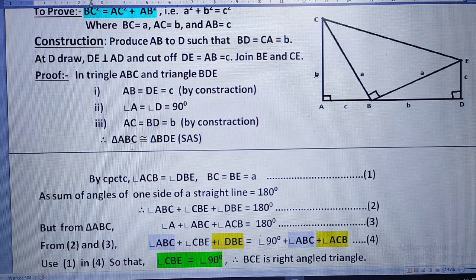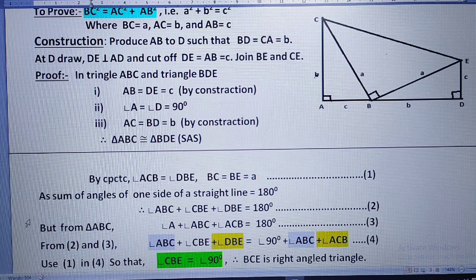So as triangle ABC is congruent to triangle BDE, by CPCT, corresponding parts of congruent triangles are congruent. Therefore angle ACB is equal to angle DBE, and also BC length is equal to BE length, which is equal to small a. That is statement 1.